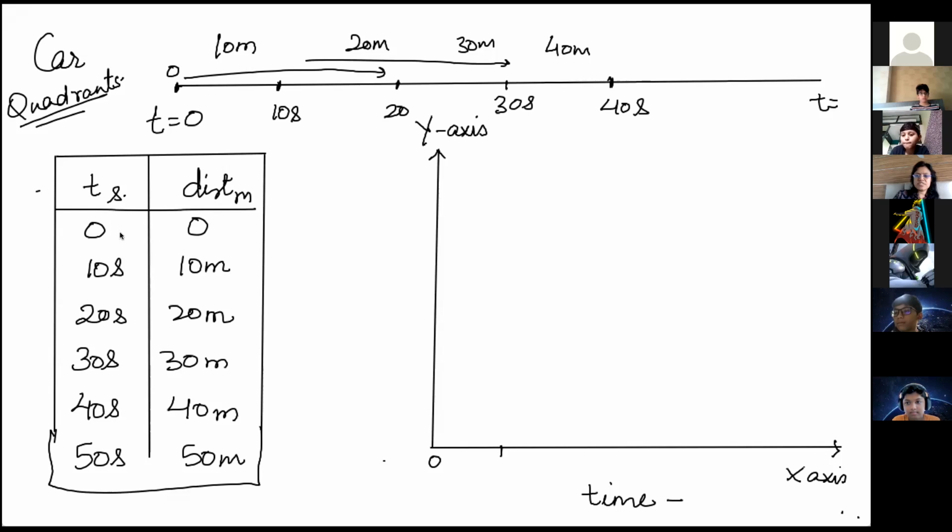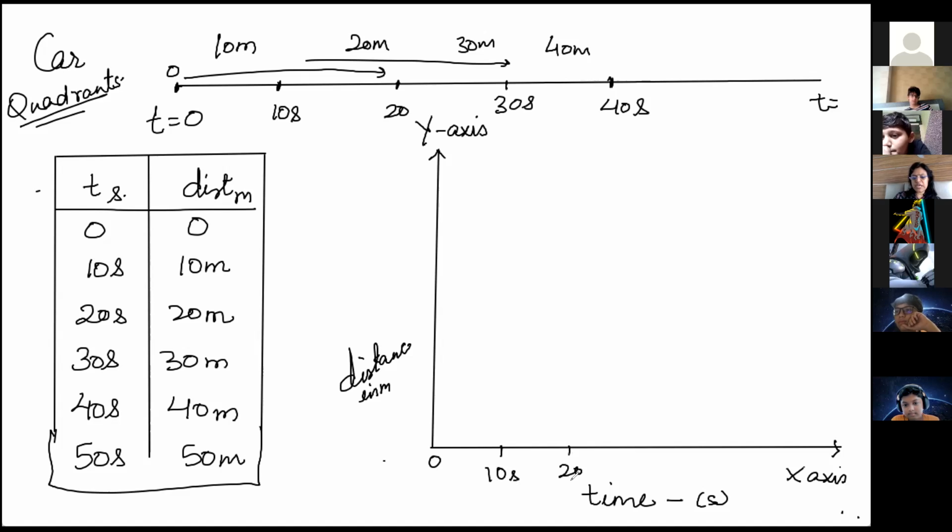Class, am I audible? Yes, ma'am. Now you are audible. Okay. See, so time, we always plot time on x-axis. Okay, time in second is over here. And we plot y-axis पे distance. So distance is in meter on y-axis. Distance in meters. Okay, let us divide it. Now we have 10, 20, 30, 40. So let us write 10 second.